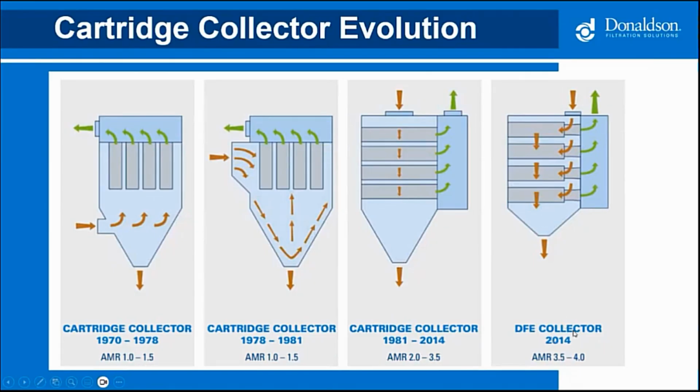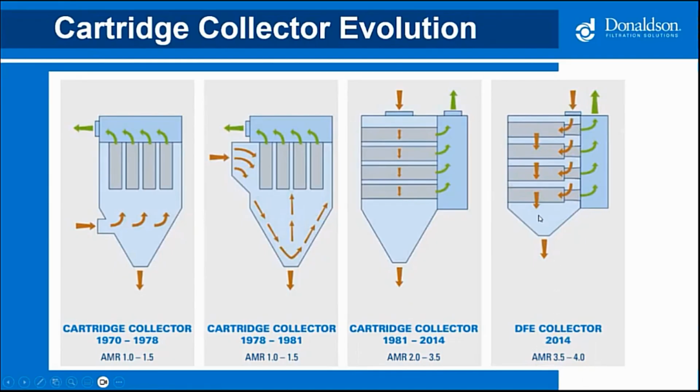Then finally, we introduced in 2014 the DFE, and it still has a high inlet downflow, but the air comes in right on top of a metal venturi in the dirty air plenum. So if your dust is abrasive, it's going to take the brunt of that before turning to the filter and doing what it does. Once again, notice the air to media ratio.